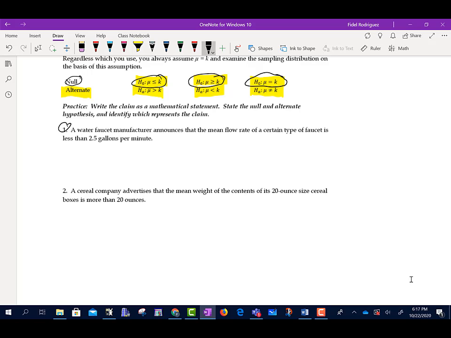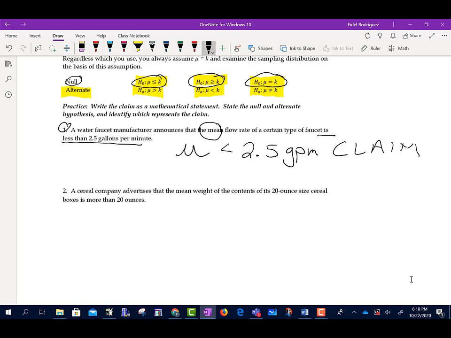Remember, the symbol that we use for mean is mu, and it says less than 2.5 gallons per minute. This here happens to be my claim, okay? So mu is less than 2.5 gallons a minute.